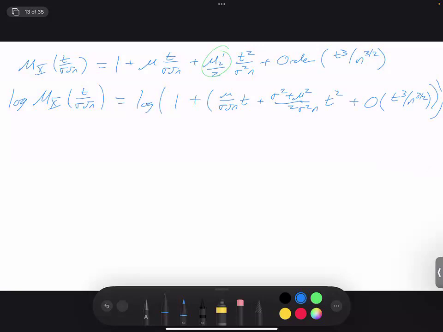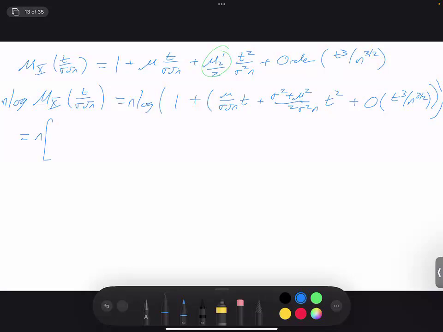And remember, we wanted n times that logarithm, because that's what we had in our quantity. We had n times the logarithm. When we expand this out, we're going to get n times this expression, which is our u. Then we're going to subtract off u squared over 2. Then we're going to add back u cubed over 3.